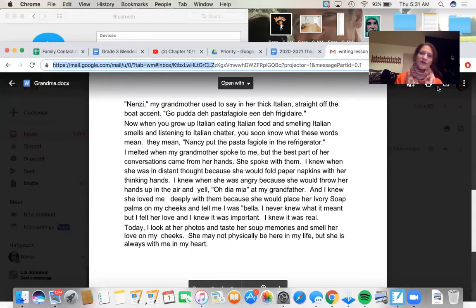I tried when I was writing this to think about dialogue a little bit. So I put a little bit of what my grandmother would say. And I tried to think about the five senses. So I wanted to picture her hands, throwing her hands up in the air. And I tried to get some smells in there. So I thought about the ivory soap and sounds, like how she spoke.